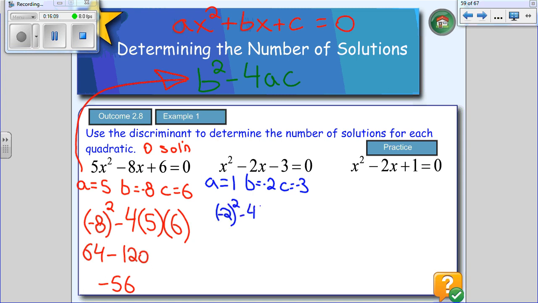If I was to calculate that thing, I'm going to have 4 plus, right, and minus a negative number, those negatives will cancel out. So 4 plus 12, and answer 16. How many solutions would I have? 2 solutions.